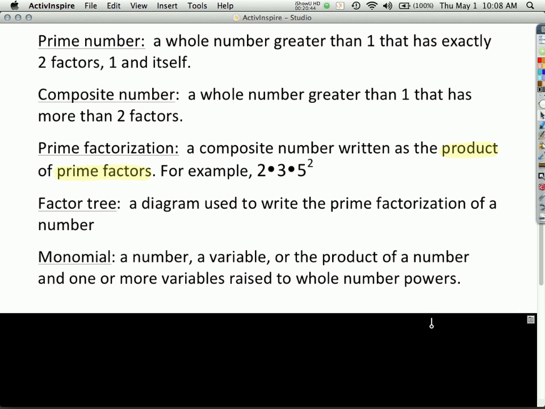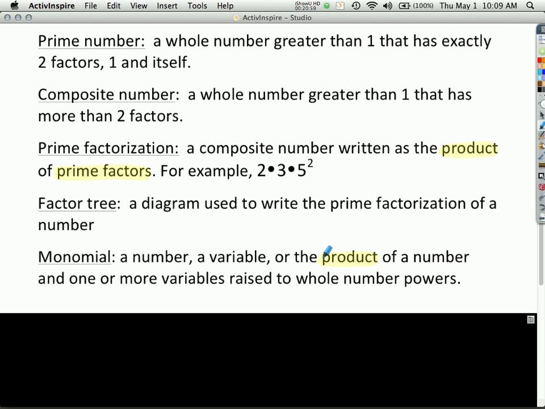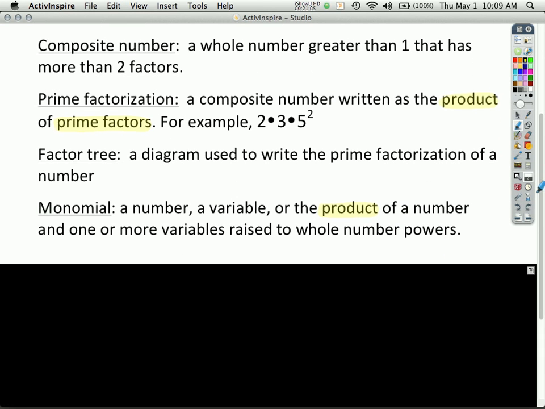A monomial is a number, a variable, or a product of a number and variable raised to whole number powers. So, I'm going to give you some examples, but here is a key word. Product, meaning multiplication.